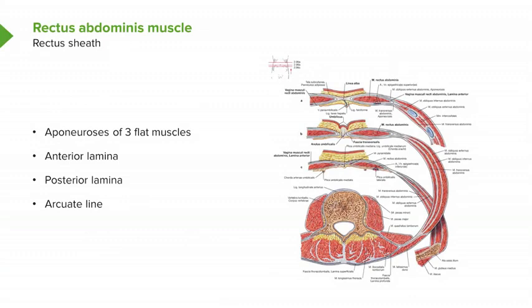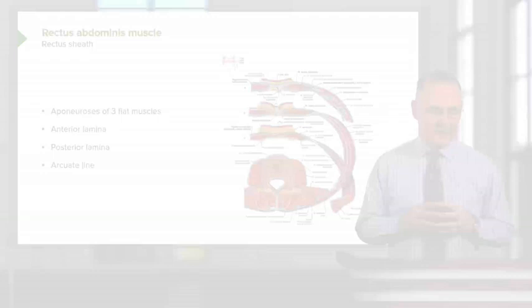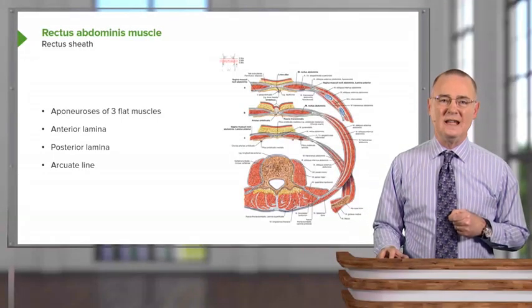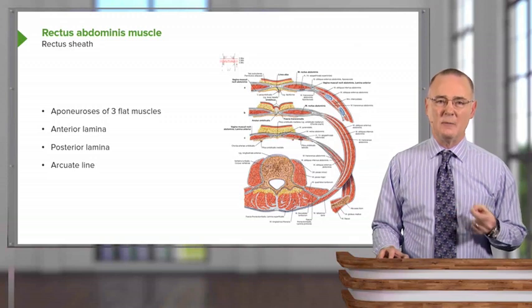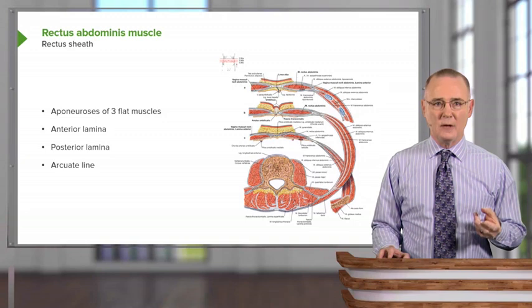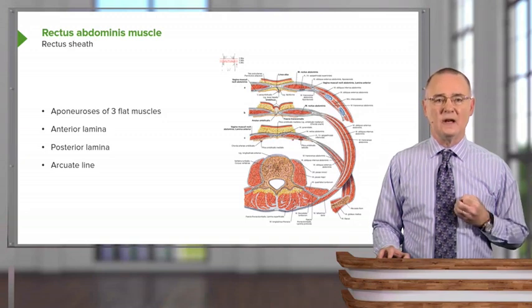This slide is introducing us to the concept of the rectus sheath. The rectus sheath is a sheath that will surround or invest the rectus abdominis muscle. The rectus sheath is going to be formed by the aponeuroses of the 3 flat abdominal muscles that we just described, the external abdominal oblique, the internal abdominal oblique, as well as our transversus abdominis.